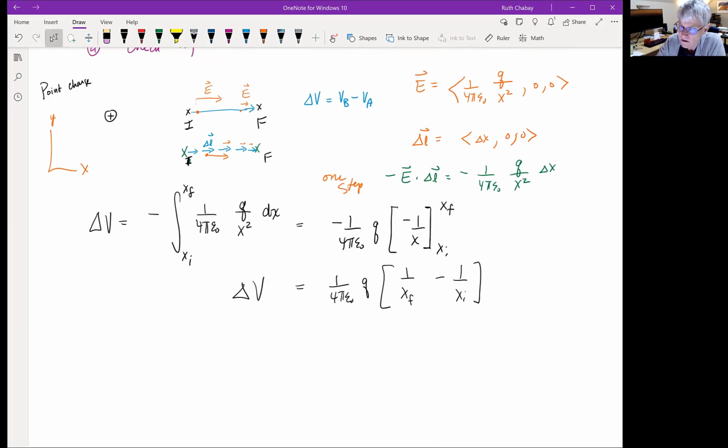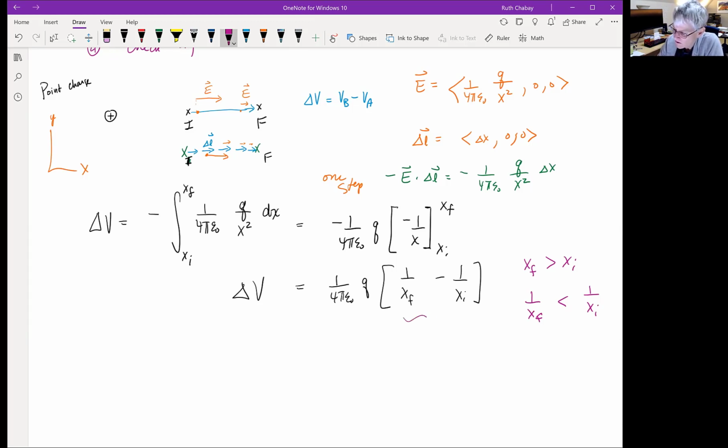So let's see if it is. x final is greater than x initial, the way we set up our coordinate system. So 1 over x final is going to be smaller than 1 over x initial, because if x final is 10 and x initial is 1, we have 1/10 minus 1, which is a negative number.